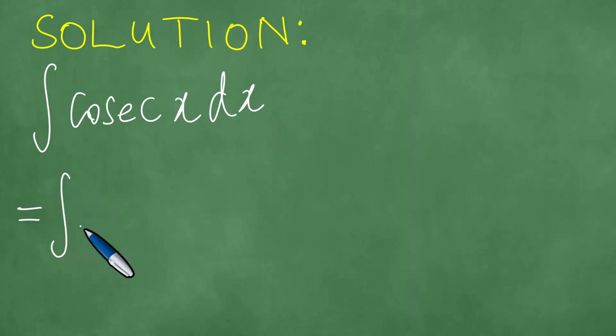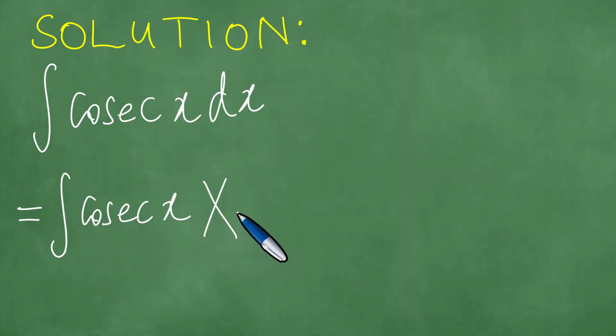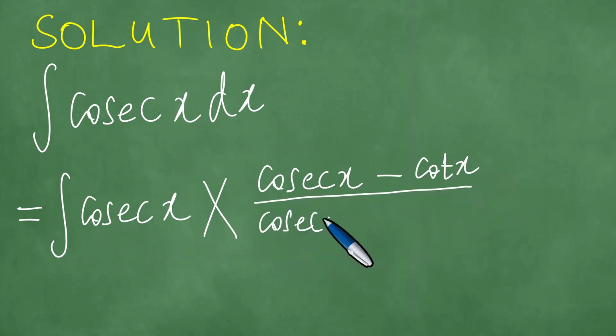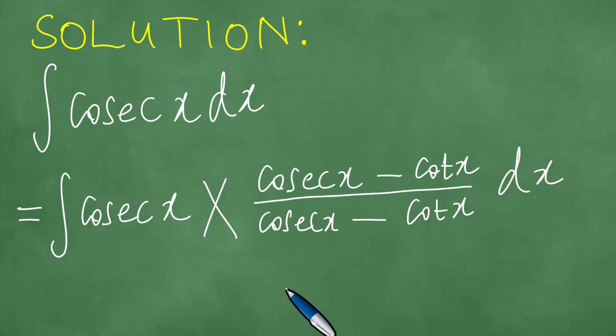This is the integral of cosecant of x, and we multiply by cosecant of x minus the cotangent of x, and we divide by cosecant of x minus the cotangent of x with respect to x.